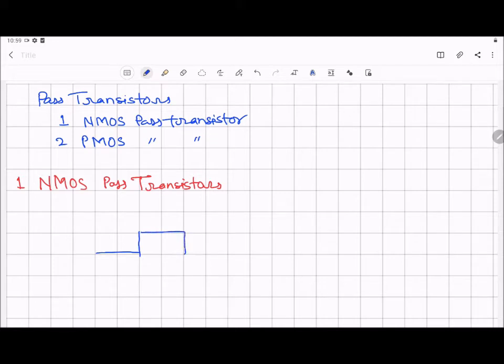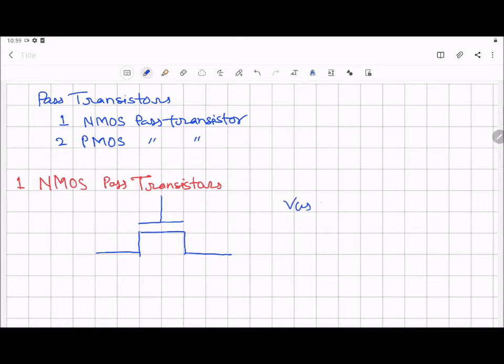We know that a MOSFET is a bidirectional device. That means the source and drain terminals can be interchanged. The schematic symbol of an N-channel MOSFET is shown in the figure.